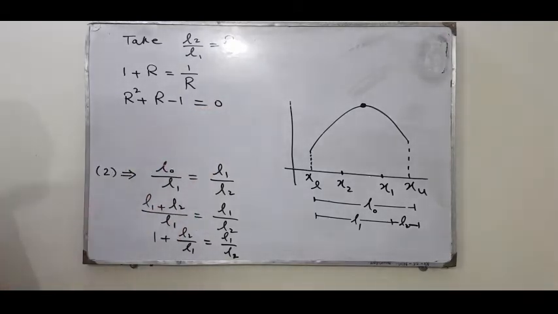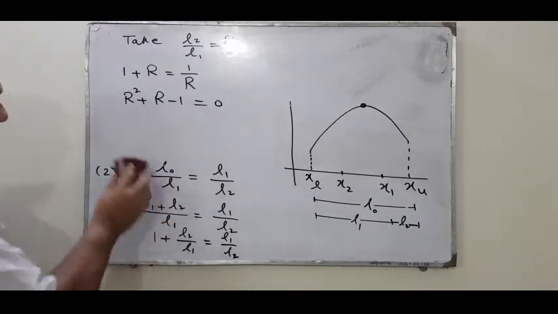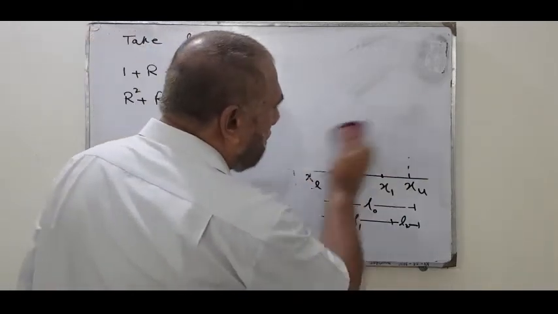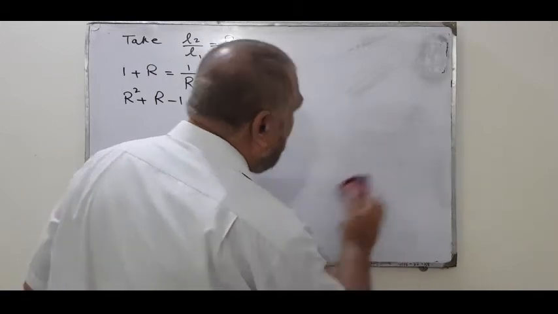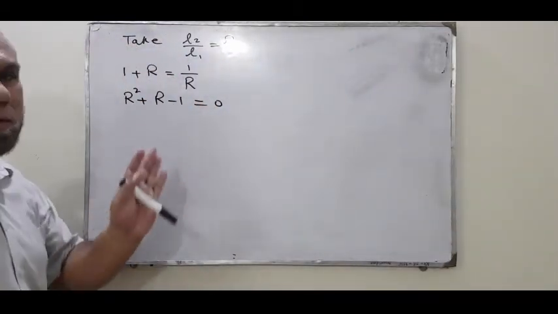Now this becomes a simple quadratic equation, and we all know that a quadratic equation gives you 2 roots. Here we are using only the positive root, and we are discarding the negative root of this equation.